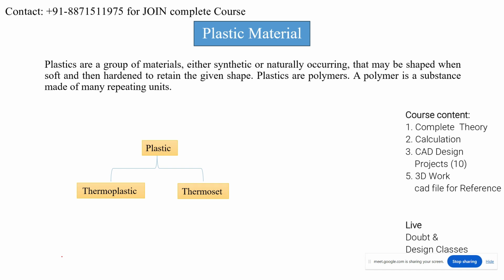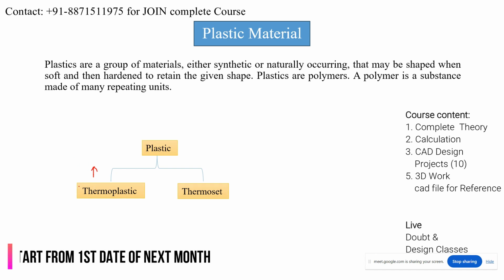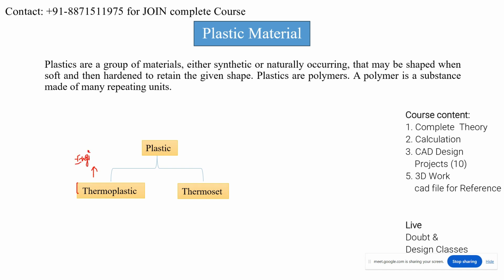Now, as we know about thermoplastic and thermoset, we have to deal with the thermoplastic material for the injection molding purpose. Why? Thermoplastic material has another name, which is engineering material. What is the reason for that? Why is it also known as engineering material?